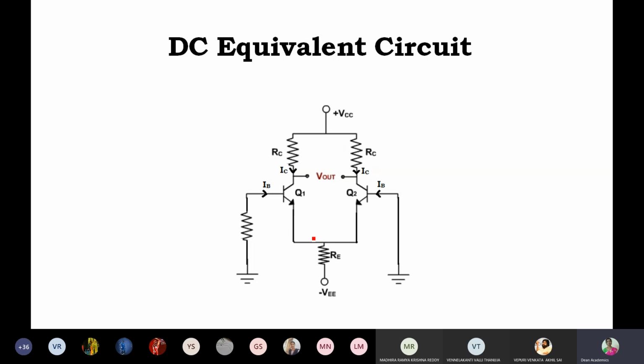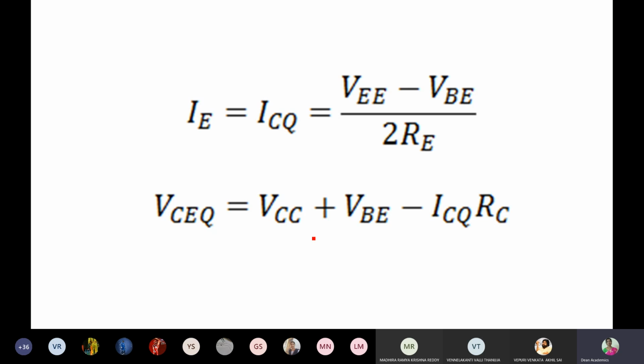Therefore, if you carry out DC analysis, what are the expressions you get? The same expressions. Yesterday also you derived them for dual input unbalanced output; for any configuration, same expressions. Therefore, I am just moving forward.